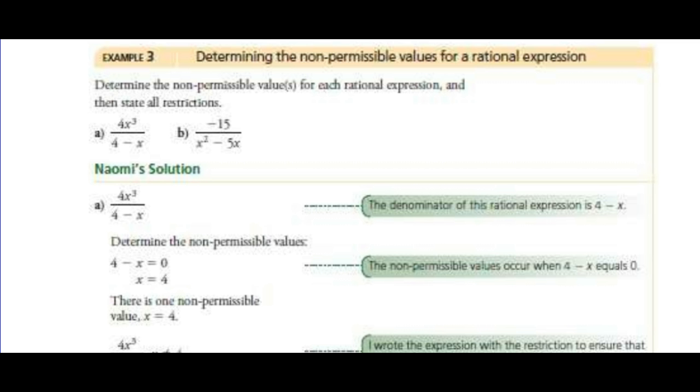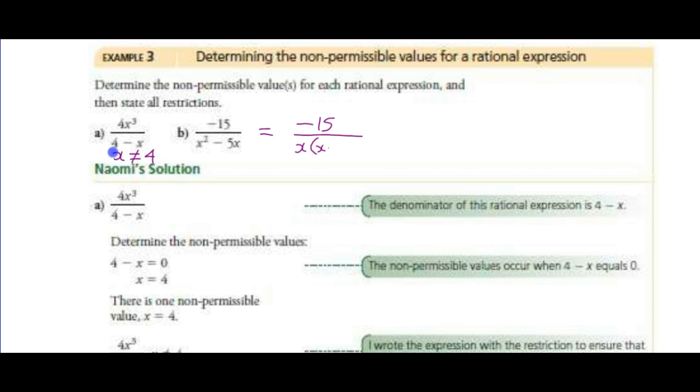So what can't x be? What can't x be? What can't x be? Now, it's hard to tell, right? So here's what we have to do. Whenever you've got something like this, you're going to have to factor.